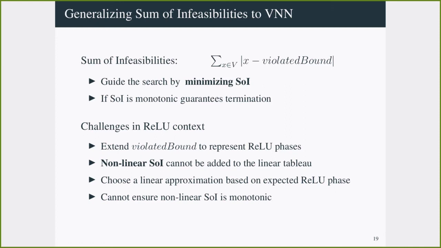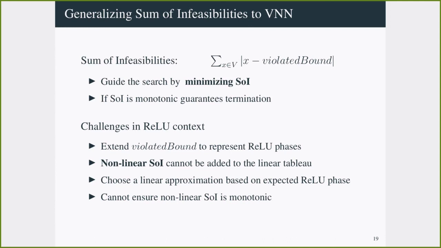We're wondering whether we can extend this idea to work with ReLU functions. So the definition of a violated bound can now be extended to include different ReLU phases. However, the resulting function is going to be nonlinear, and therefore it cannot be easily added to the tableau directly. Instead, what we want to do is choose a linear approximation, which will only be correct for one chosen ReLU phase.